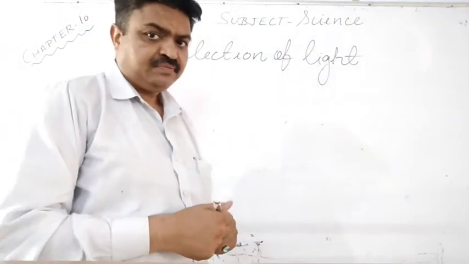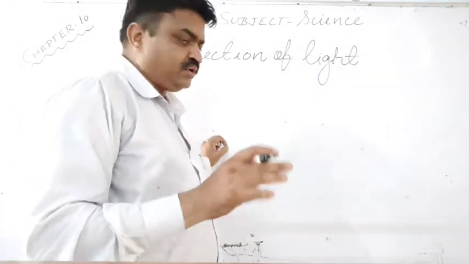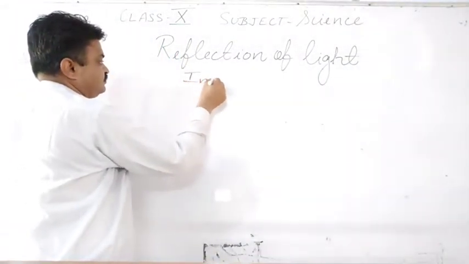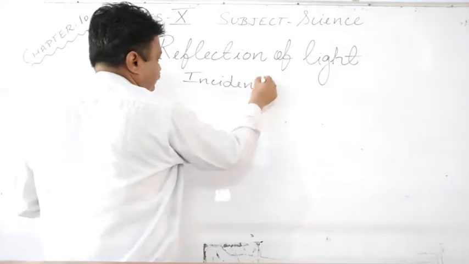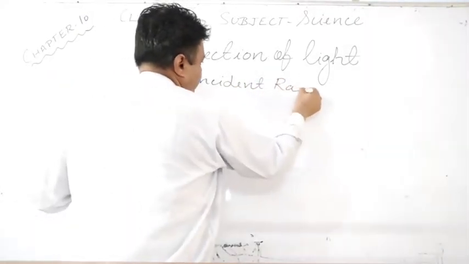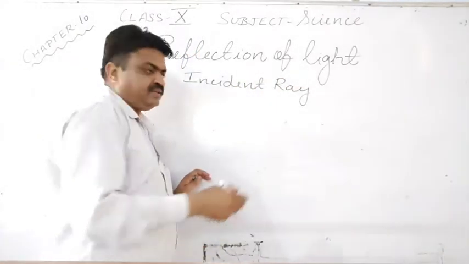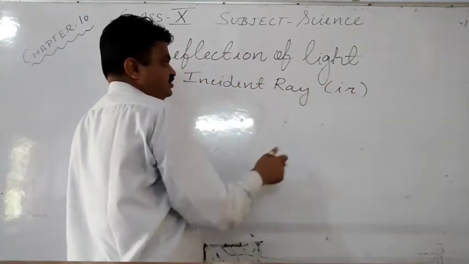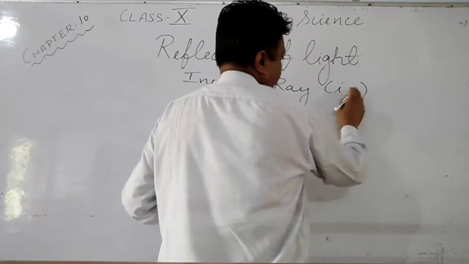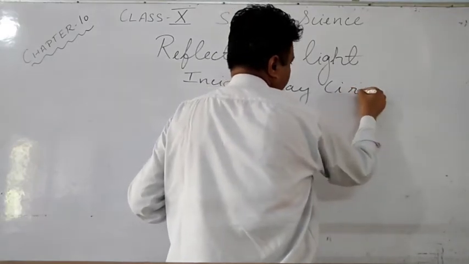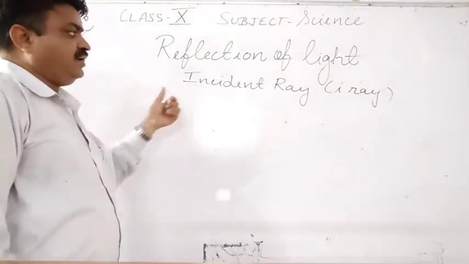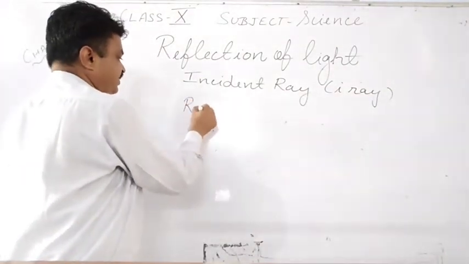There are two types of rays: incident ray, represented by alpha, and reflected ray.